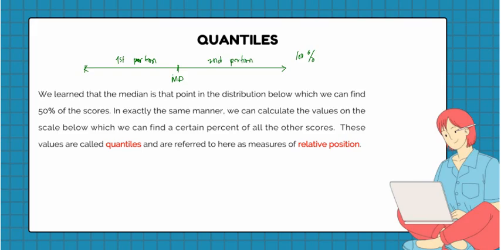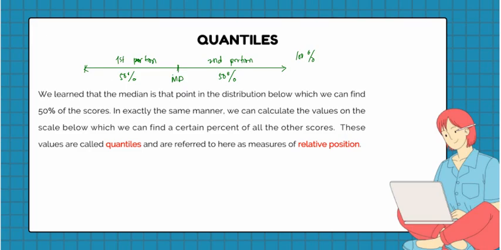So if we divide 100% into two equal parts, meaning our first portion is just 50% of the scores, and the second portion is just 50% of the scores. So basically, that's also the concept of our other measures of relative position, specifically quantiles.